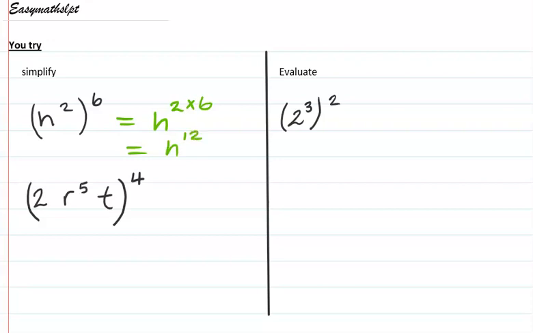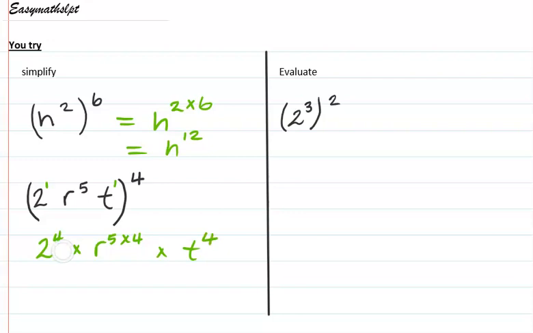In the second question, we're raising everything in my bracket to the 4th power. Now this 2 is by itself, so I know it has a power of 1. This t has a power of 1. So 2 to the power of 1 raised to the 4th power is going to be 2 to the 4th power multiplied by r to the 5 multiplied by 4, multiplied by t to the 4th power.